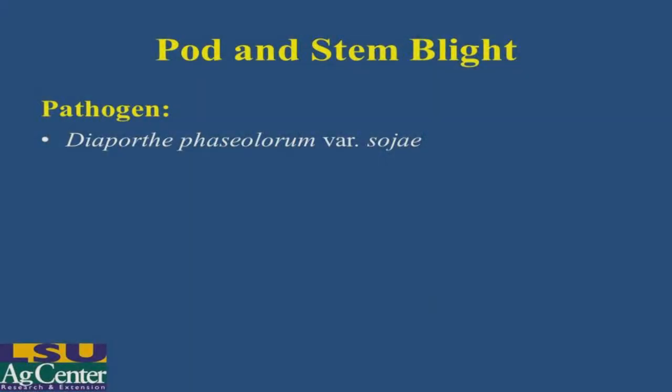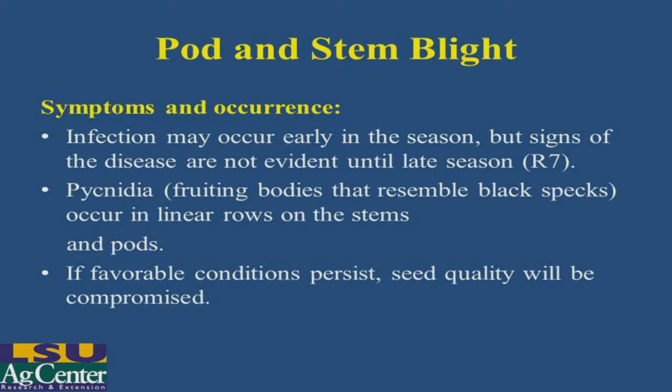Our last disease then will be the pod and stem blight, which is very similar to anthracnose in many ways. Many of the symptoms involved will be similar. This one is caused by the fungus Diaporthe phaseolorum var. sojae. It too can produce fruiting bodies late in the season.